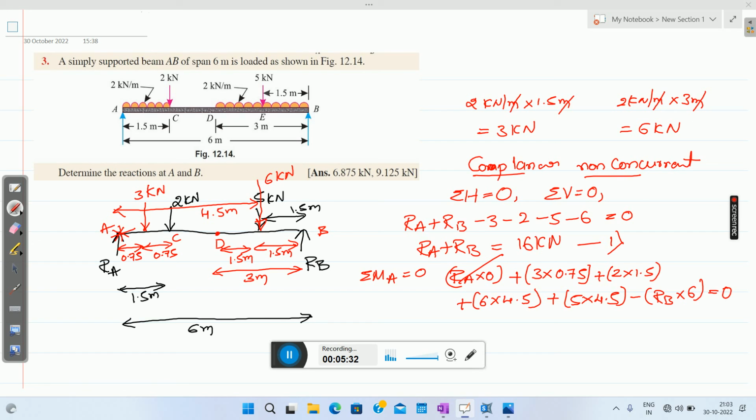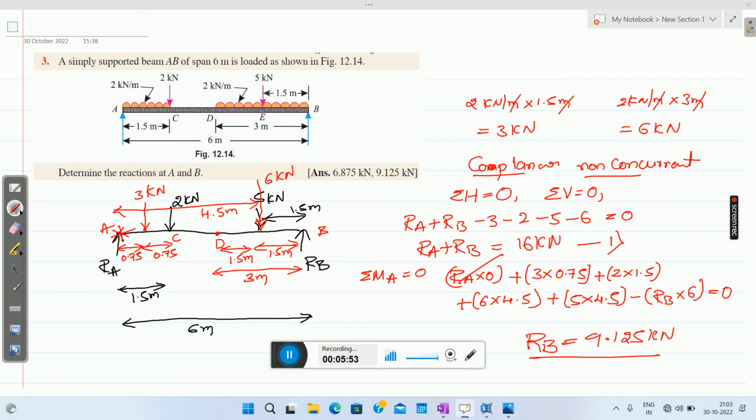Here RA is 0. If you simplify this, you will get reaction RB as 9.125 kilonewton.